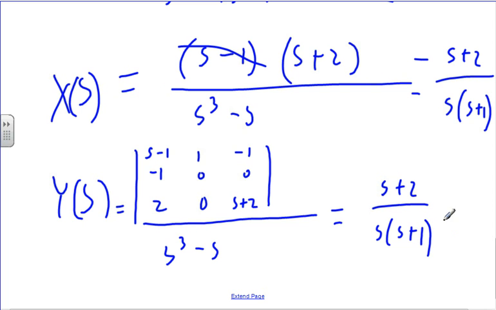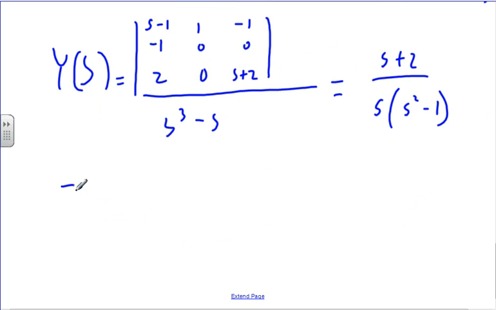No, they're not the same answer. It's s plus 2, and this guy's going to be s times s squared minus 1. Okay, so those are two different things.